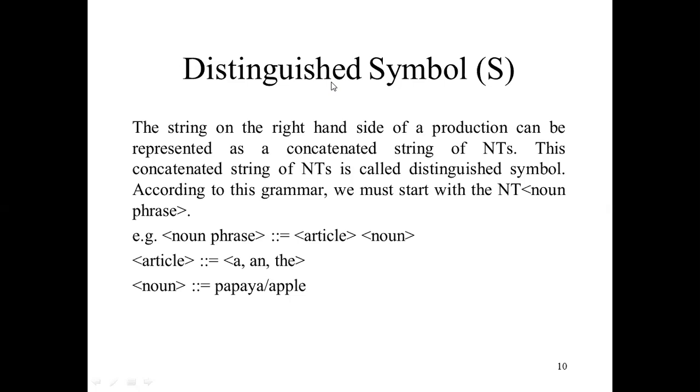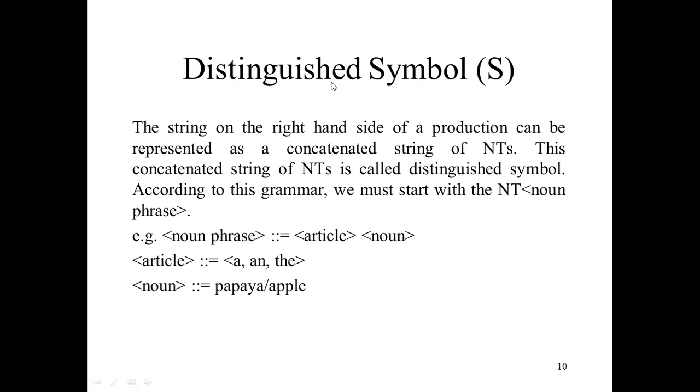So article, again we have the choice a and the. So we can choose any one. So we have the option here. Noun, I am considering the example of papaya or apple. So you can choose any one as per need, as per requirement. Here I am emphasizing only the grammar of the compiler design.